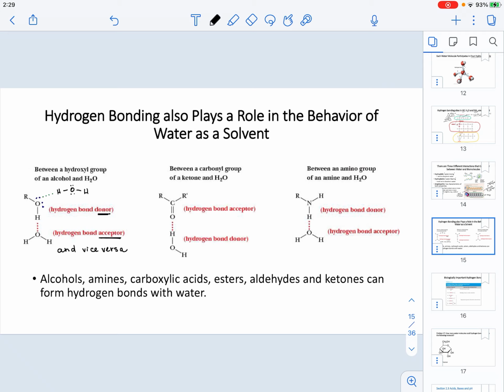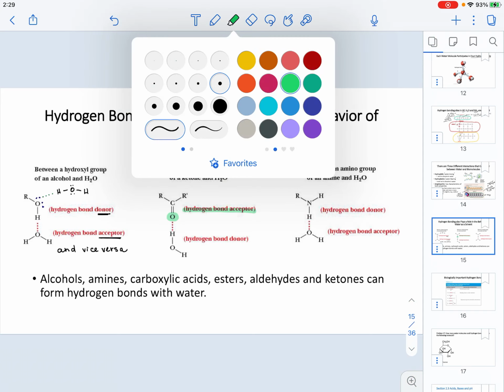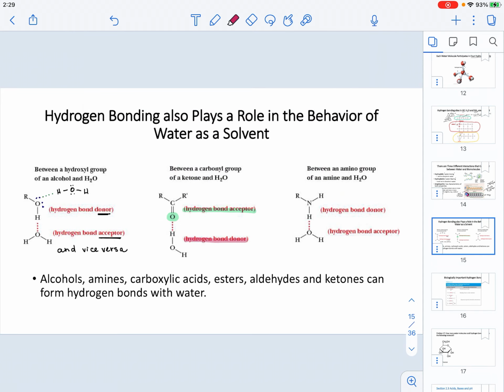Now, when we have a carbonyl group, it can come from a ketone, it can come from an aldehyde. There are many functional groups that have carbonyl groups. Understand that there it is limited. The hydrogen bond acceptor is going to be specifically the oxygen atom in your carbonyl. The hydrogen bond donor is going to be one of the hydrogen atoms in the water.